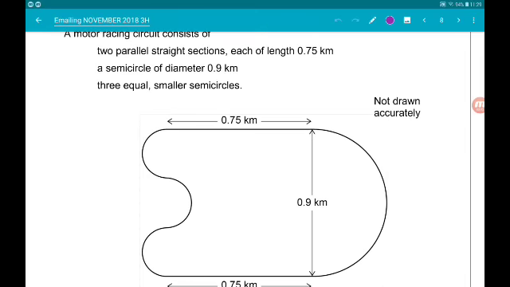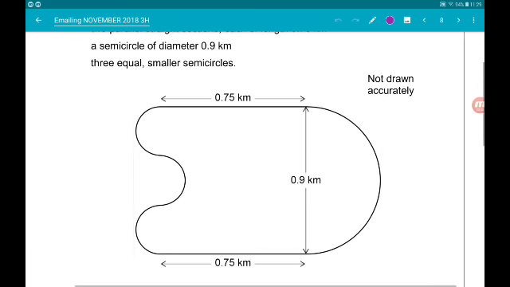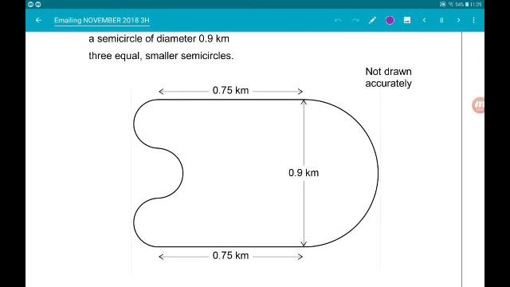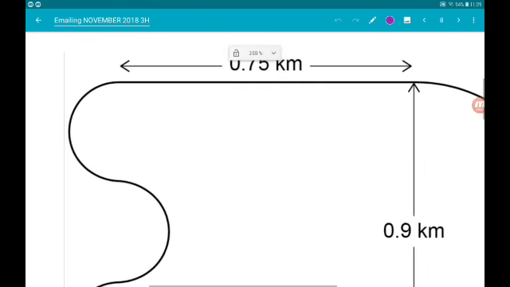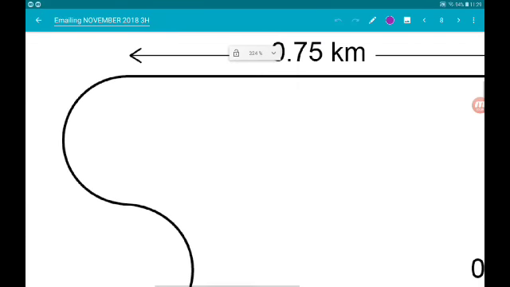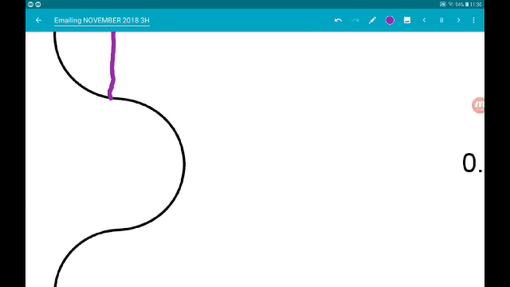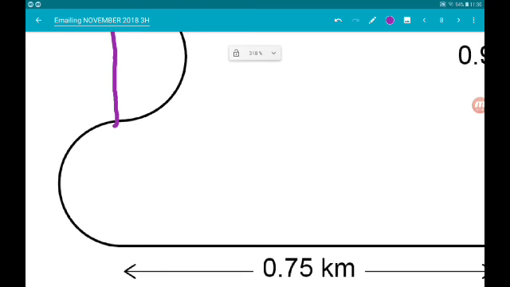And 3 equal smaller semicircles. Okay, so there's our lap in its entirety. So we know the 3 smaller semicircles are over here. So there's 1, there's 2, and there's 3.